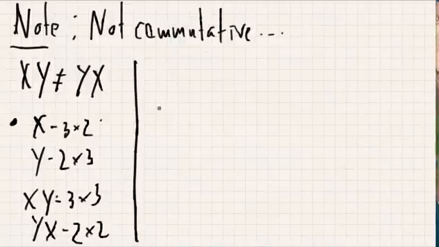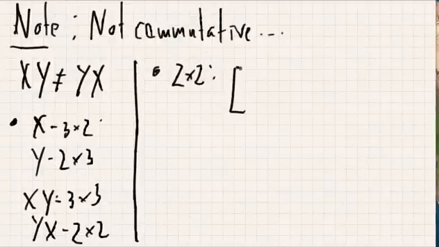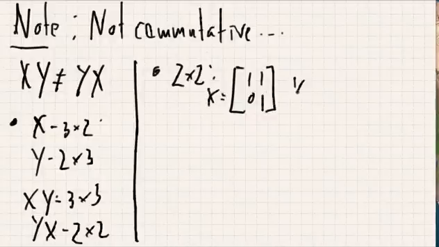But then you might say, okay, what happens if I look at two matrices which happen to give the same size? So let's look at, say, some 2 by 2 matrices. Let's look at, I don't know, 1, 1, 0, 1, and let's let this be X, and let's let Y be 0, negative 1, 1, 0.